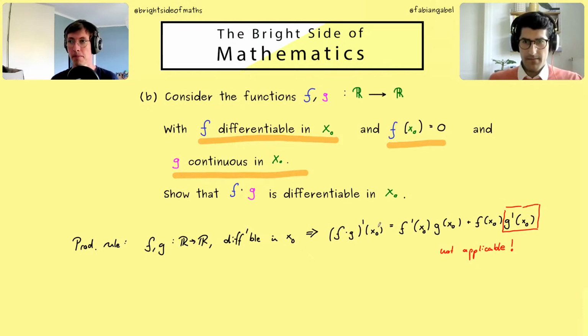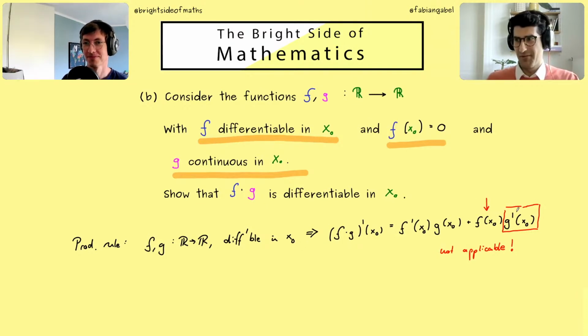But if we look at this rule, we at least may get an idea why this differentiability could still be true for the product, because we have some additional information, namely that f of x0 is 0. So this term here in our example would be 0, so we would not need to care about the derivative of g.